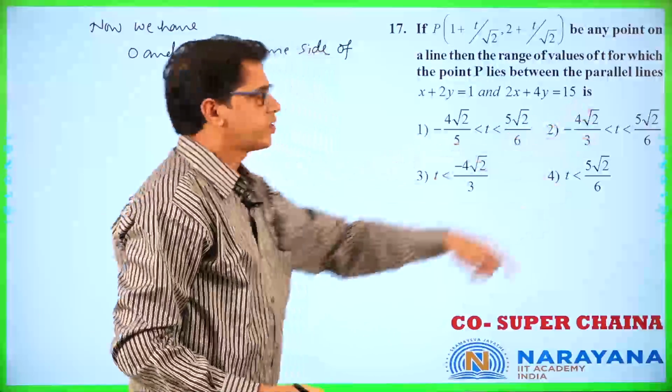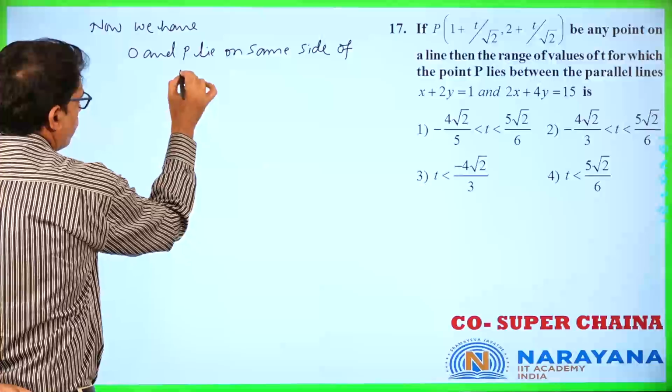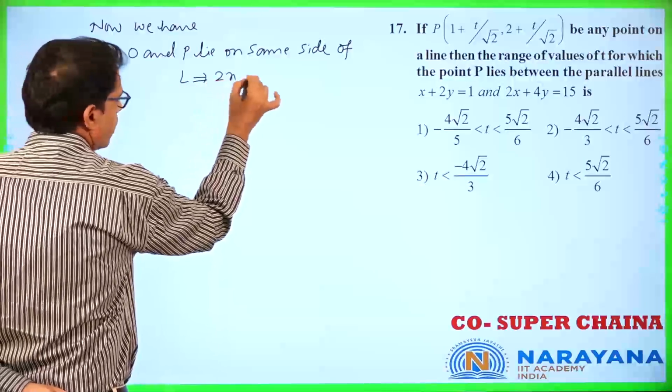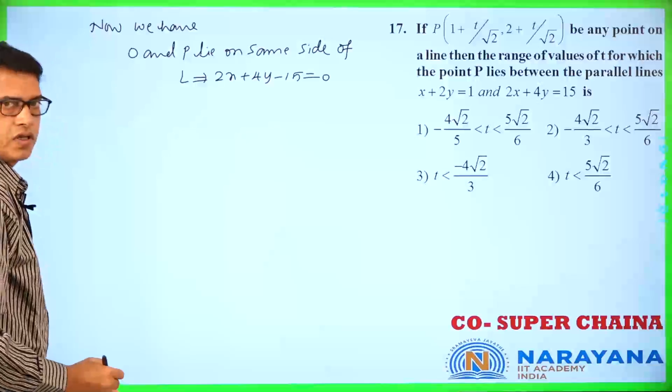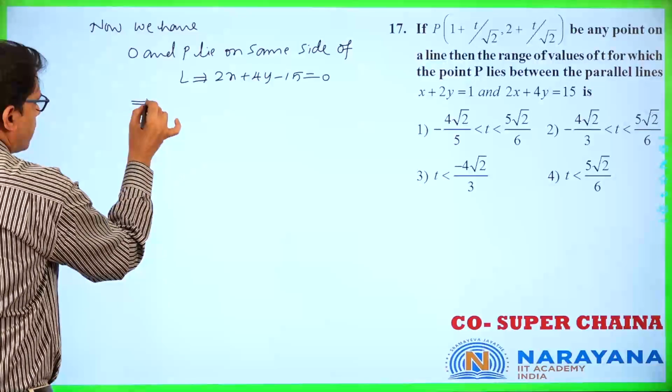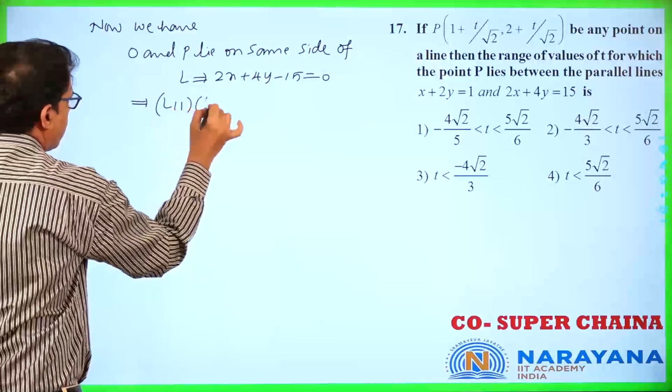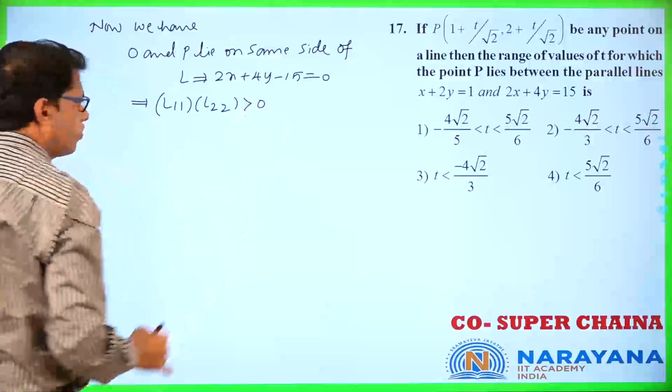This line, so L: 2x plus 4y minus 15 equal to 0. That implies L11 into L22 must be greater than 0.